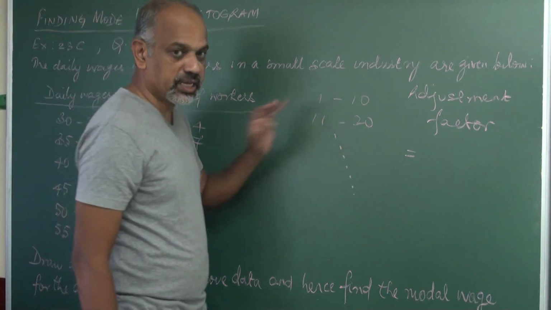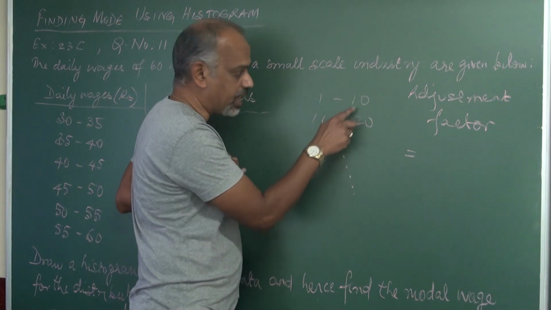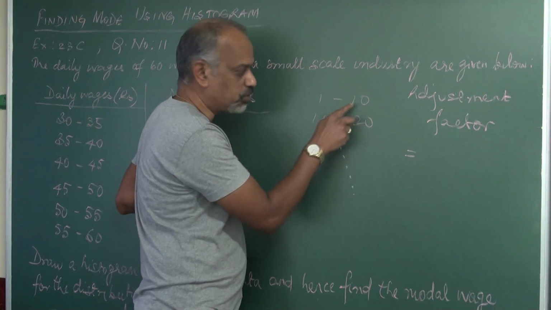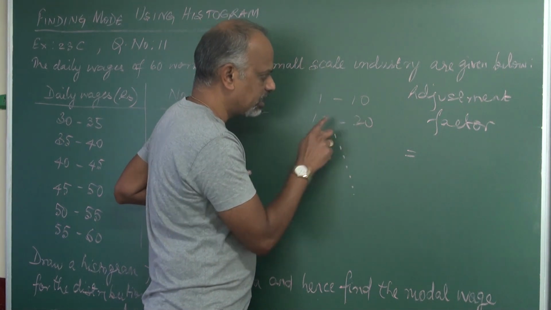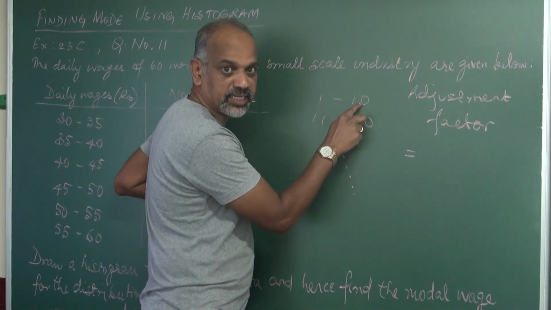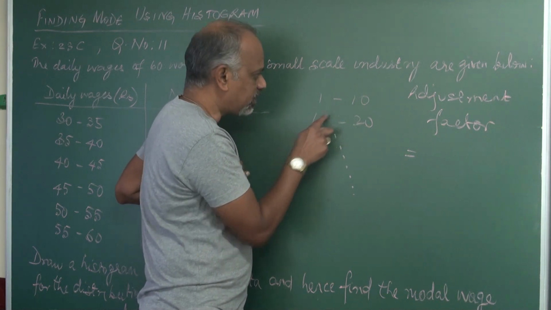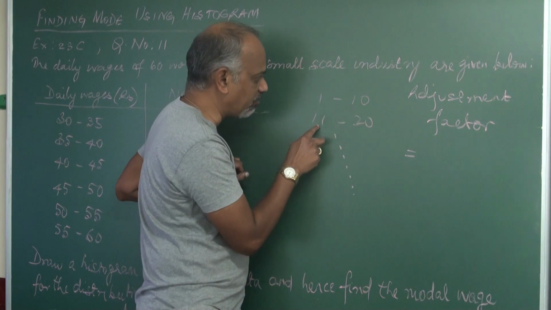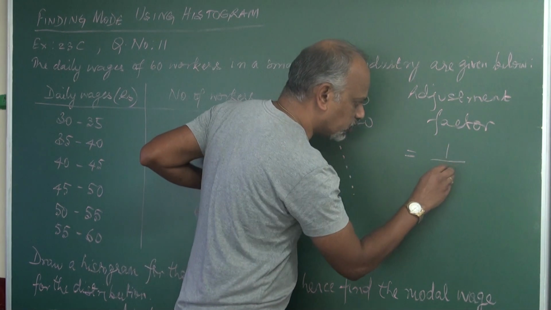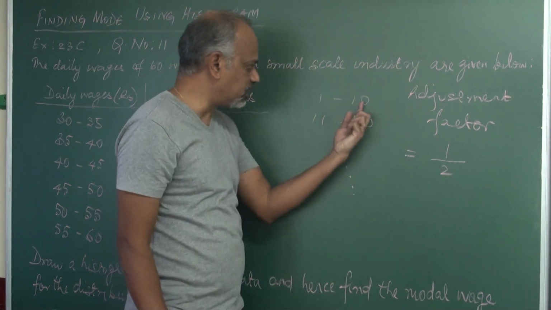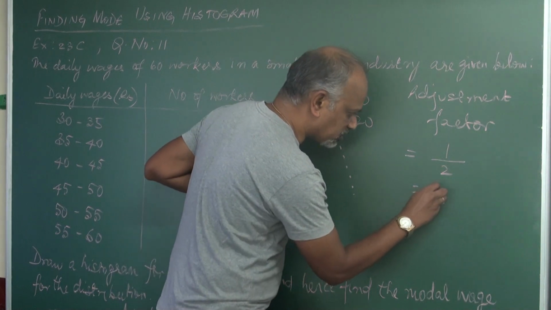But here, these are the lower limits, these are the upper limits, and there is no continuity. So you will take 2 consecutive class intervals, and look at the upper limit here, that is 10, and the lower limit of the next one, that is 11. See how much is the difference between them. That is 11 minus 10, that will give you 1, and divide that by 2. Whatever is the difference, divide that by 2. So that gives you 1 by 2, which is 0.5.